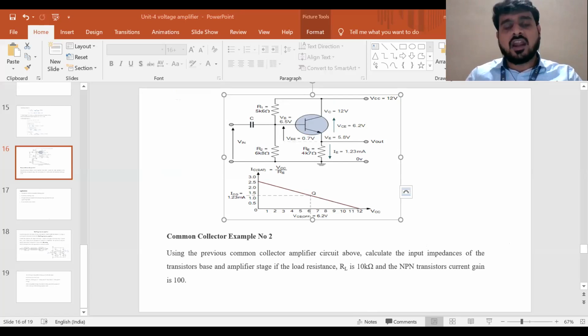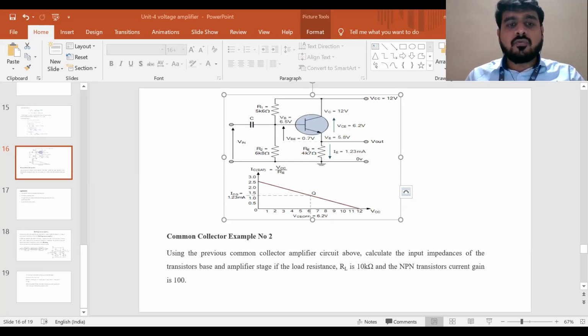With respect to R1 and R2, you have to first find the R bias. So R bias is nothing but the parallel configuration of R1 and R2. If I take R1 and R2 in parallel, the formula I get is R1 into R2 divided by R1 plus R2.